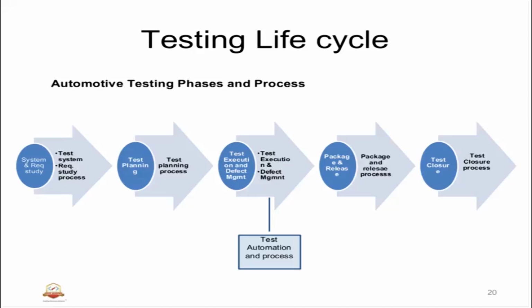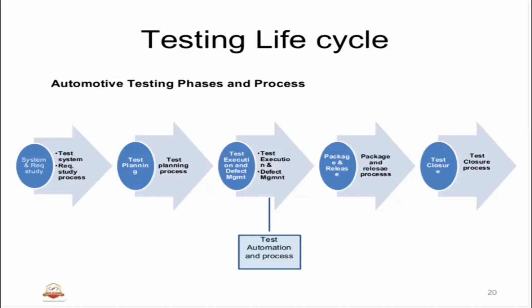Basically, the automotive testing phase is categorized into 5 phases: system and requirement study, test planning, test execution and defect management, package and release, and test closure.